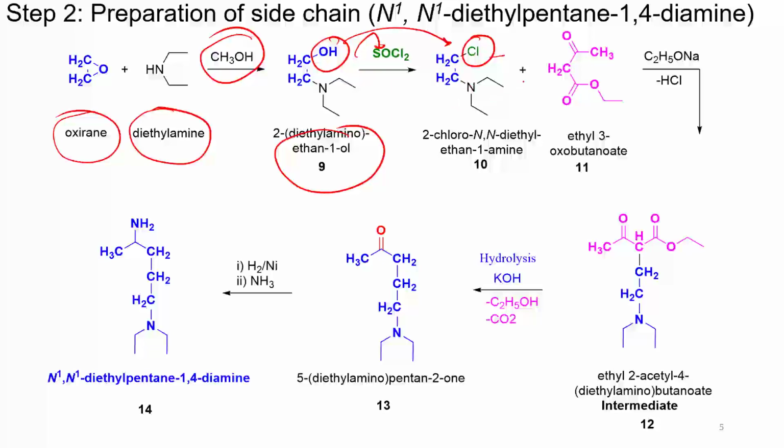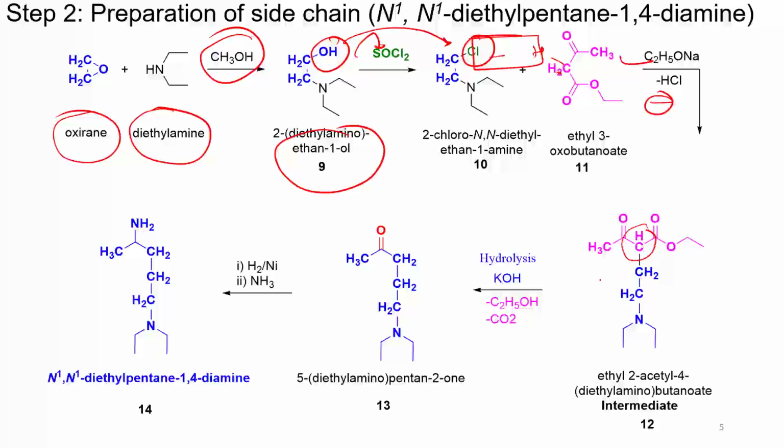That chloro derivative of ethanamide is very active when used with oxobutanate in the presence of C2H5ONa, and removal of HCl occurs. So what happened here? The excess hydrogen is removed from here and we get this kind of derivative.